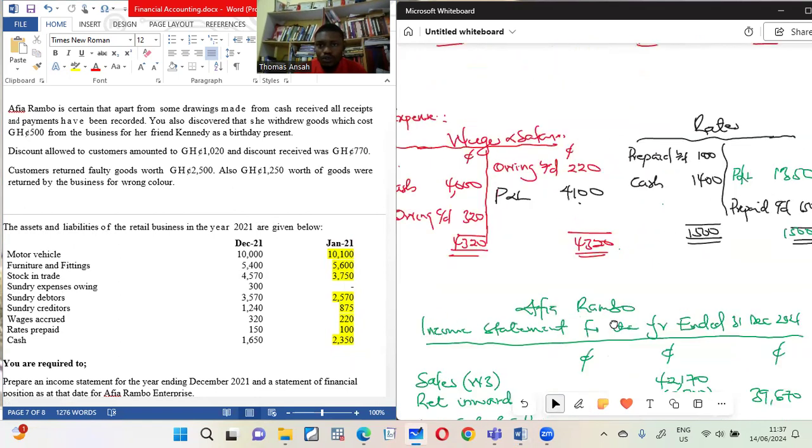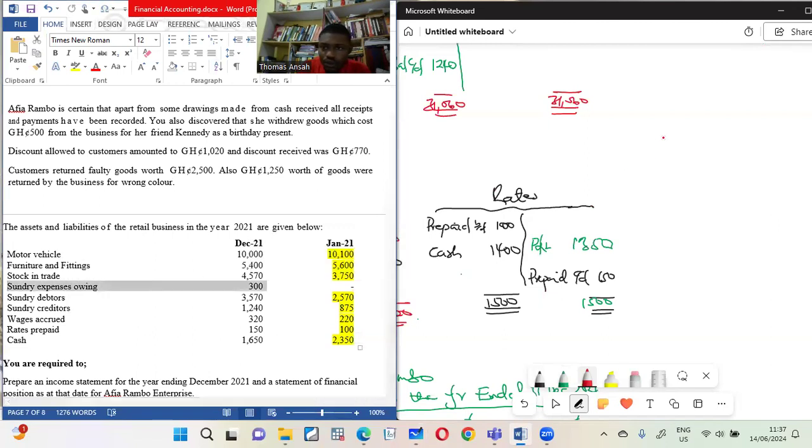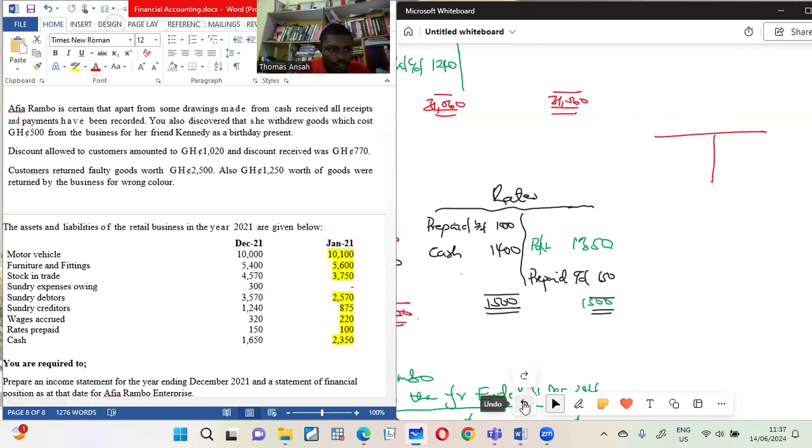So if you were to do the owing, all the things that are always here, we need to do an account for. So there is this one. All right. So it would have gone like this. Owings. The name of the expense is sundry expenses.